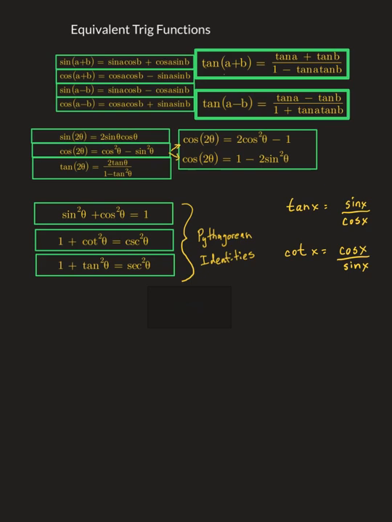We also have cosecant x, these are just the reciprocal identities, is 1 over sine x. We have secant of x, which is 1 over cosine of x. And we have cotangent x, which is equal to 1 over tan of x.